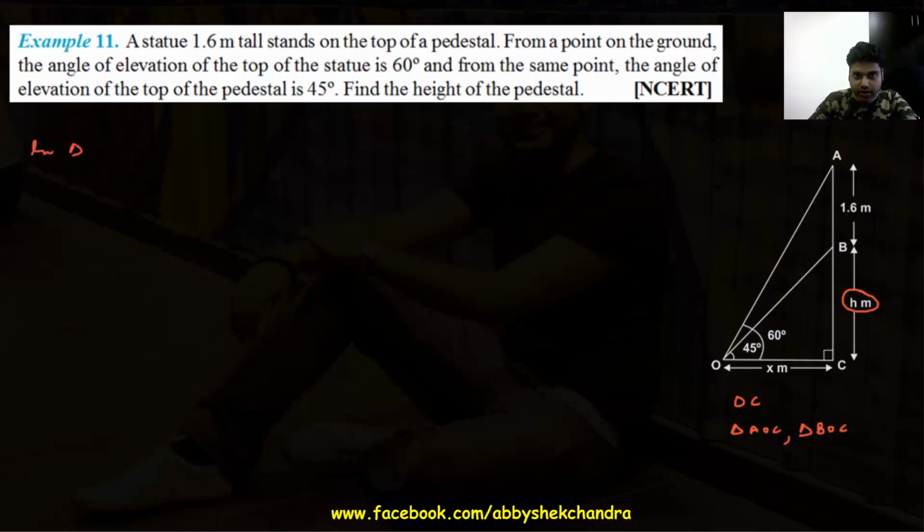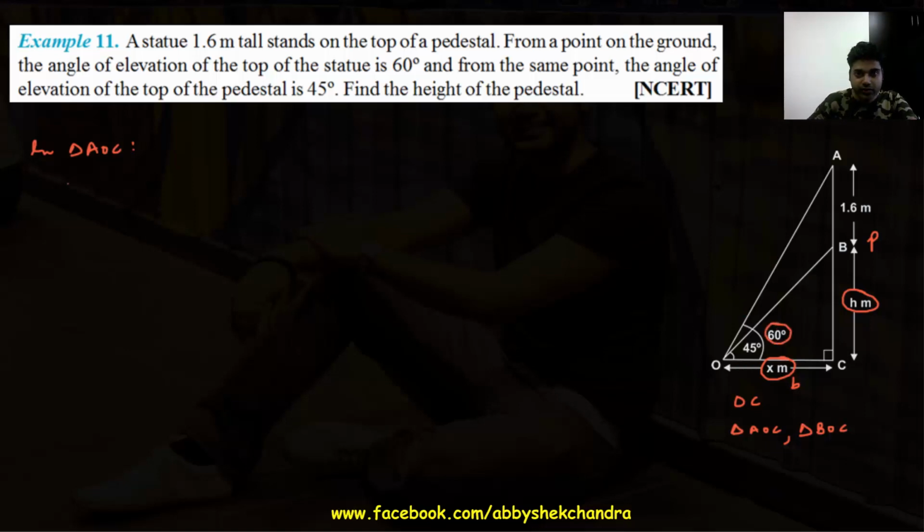So in triangle AOC, this thing X is the base and AC is the perpendicular. So again we are going to use tan theta, with respect to this angle 60 degrees.